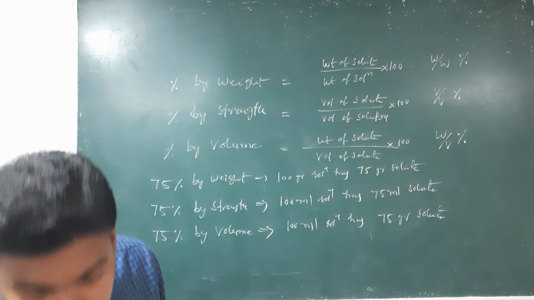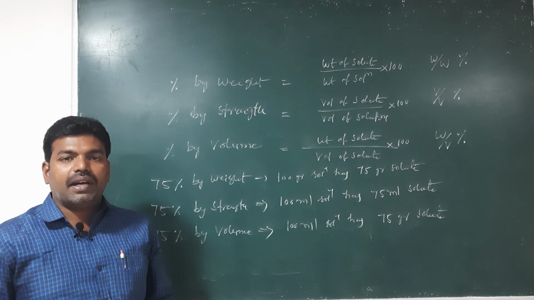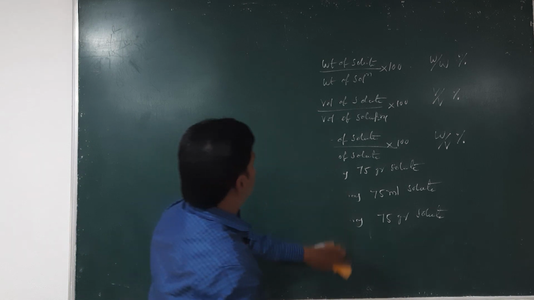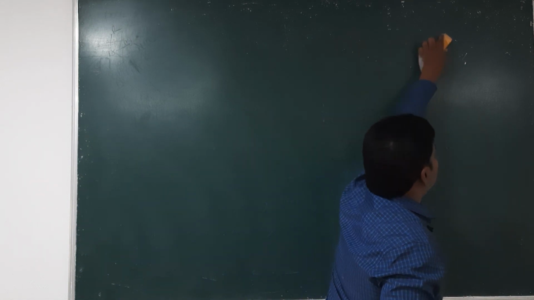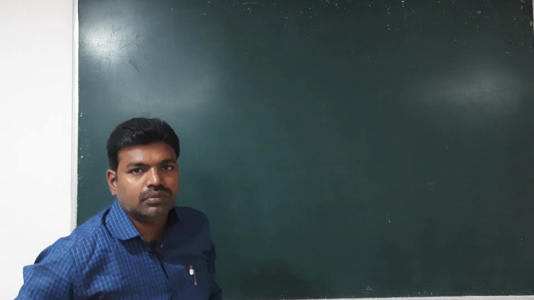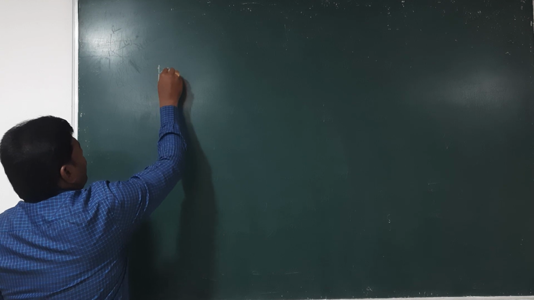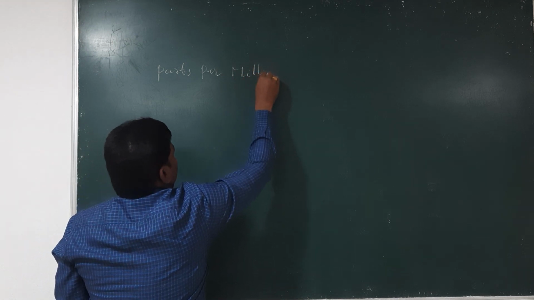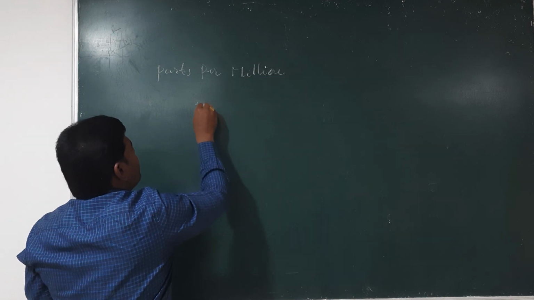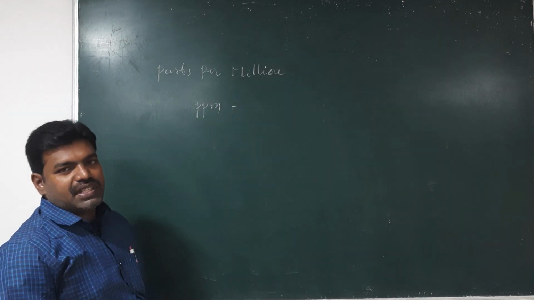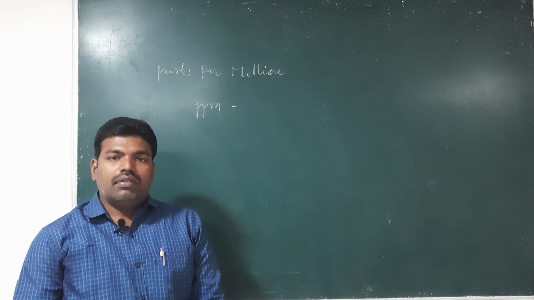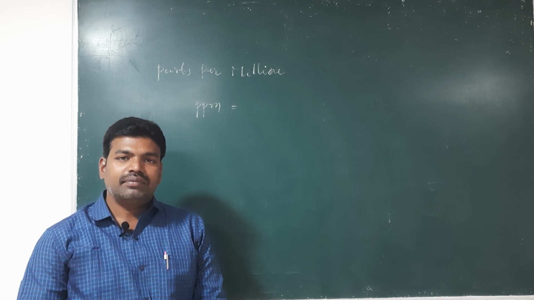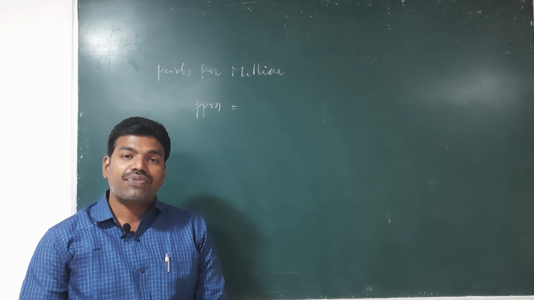Now we shall see parts per million, ppm. ppm is defined as the weight of solute present in one millionth part of the mass of solution.